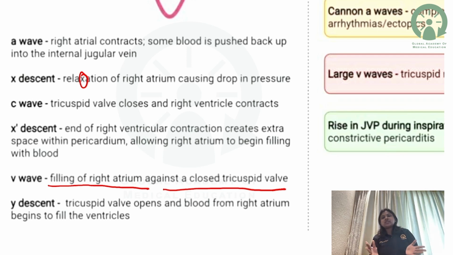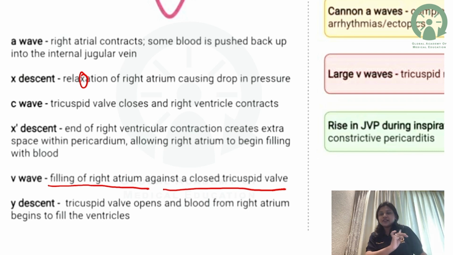So summarizing the JVP waveform once more, contraction of the right atrium is A waveform, whereas closure of the tricuspid valve which results in a positive waveform is C wave. V is for venous filling of the right atrium. X descent is relaxation of the right atrium, whereas Y descent is basically filling of the ventricle from the right atrium, which results in a drop of pressure of the right atrium.